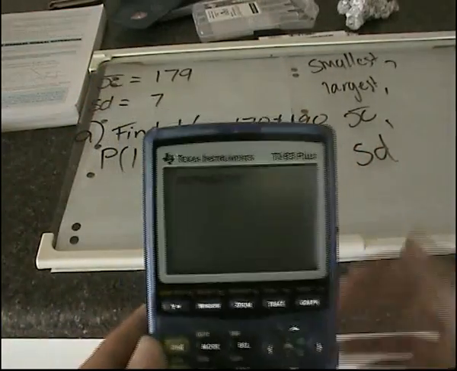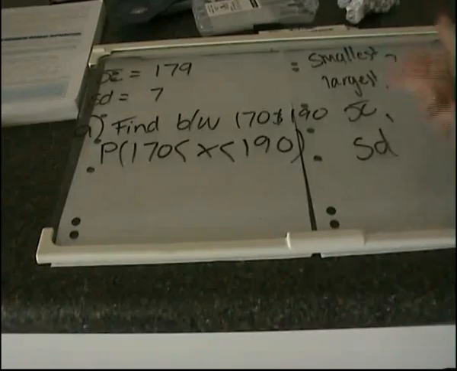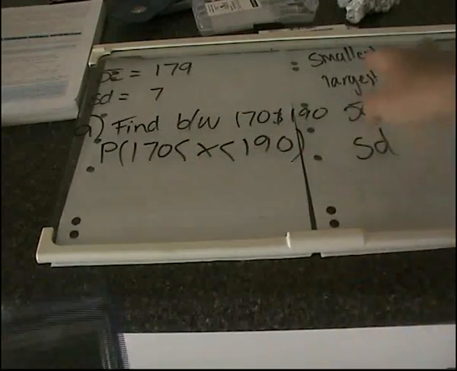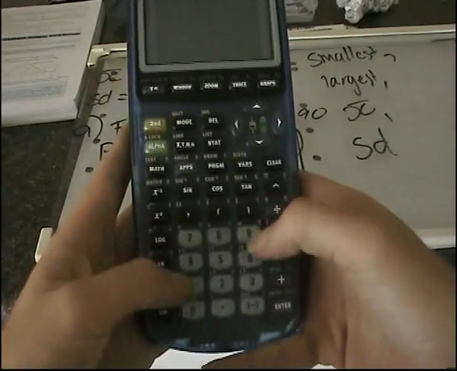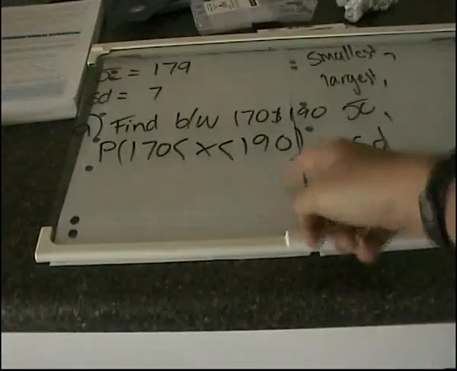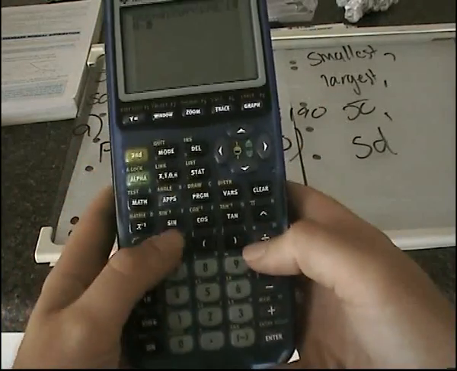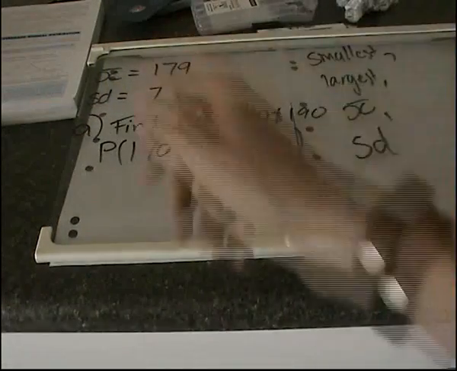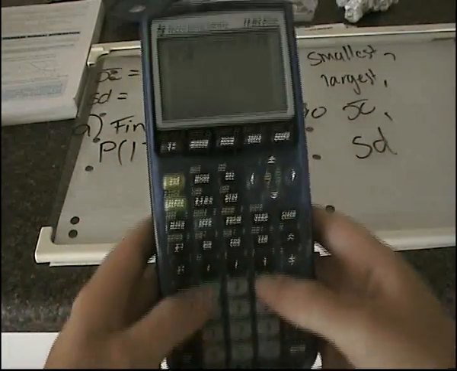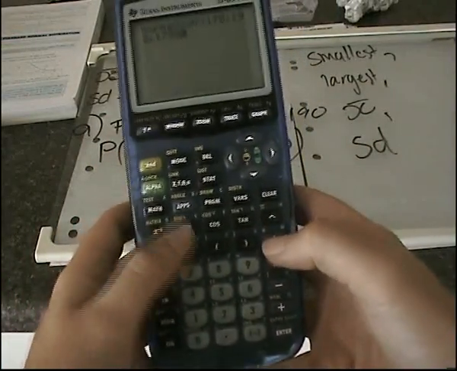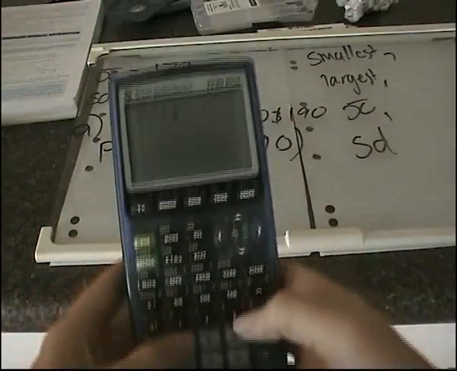Okay, and then we need to type in this order with our numbers. So the smallest number we want to find is 170, comma, our largest number is 190, comma, our X bar is 179, comma, and our standard deviation is 7.